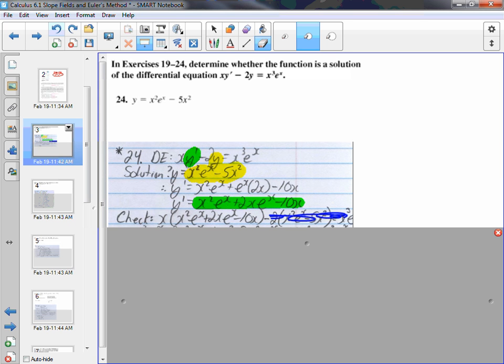And then we write minus 2y. So we put minus 2, but instead of y, we put what we think y equals: x squared e to the x minus 5x squared. And then nothing else gets replaced. Equals. And then it got chopped off when I scanned it, but x cubed e to the x.